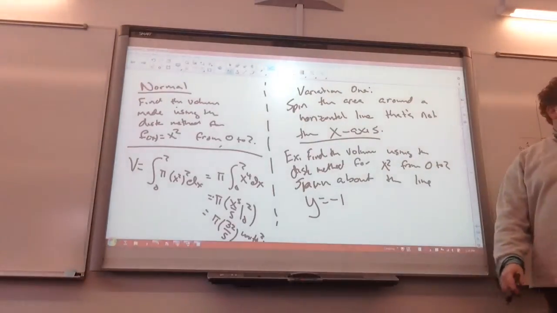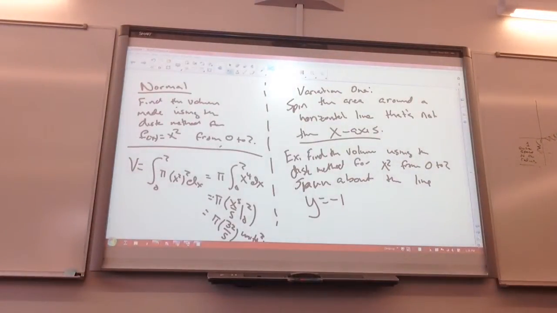So instead of doing it about the x-axis, we're going to do it about a different line, in this case the line y equals -1. And we're going to see what we get here.